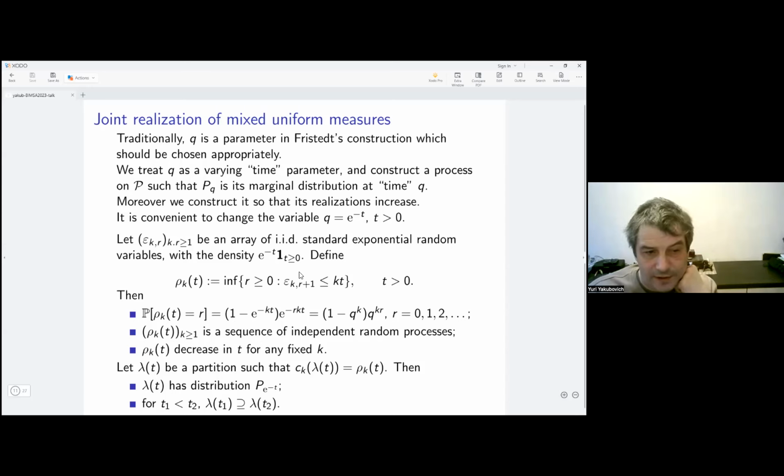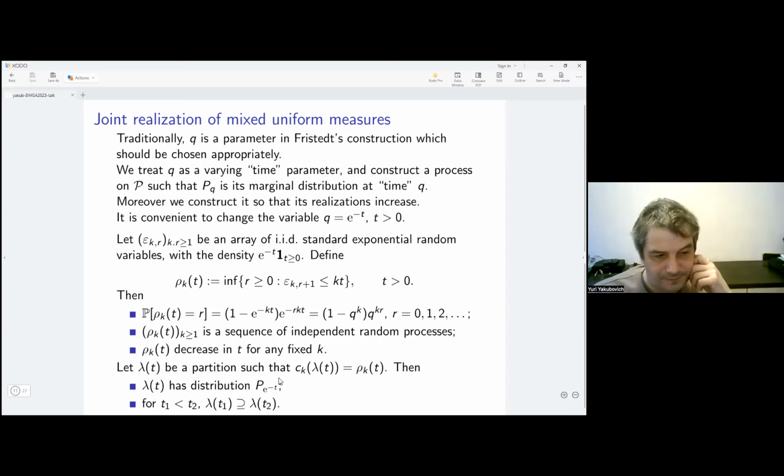Because you need r of these exponential random variables to be bigger than kt first, and then the next one less than kt. So this is the probability that this happens, and this is the probability that this doesn't happen for smaller r.